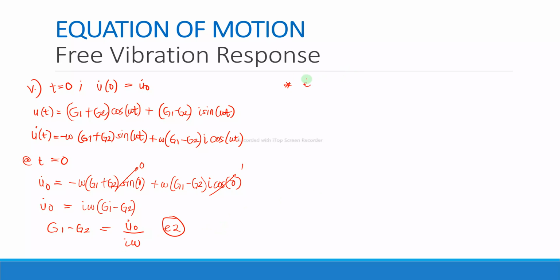So let's rewrite this. We have our equation 1, which is g1 plus g2 is equal to u naught. Our equation 2 is g1 minus g2 is equal to u dot naught over I omega.